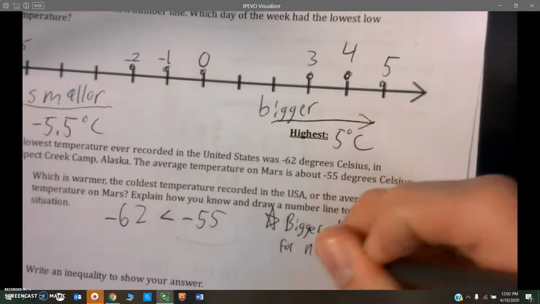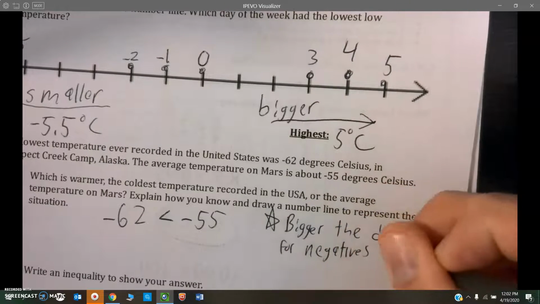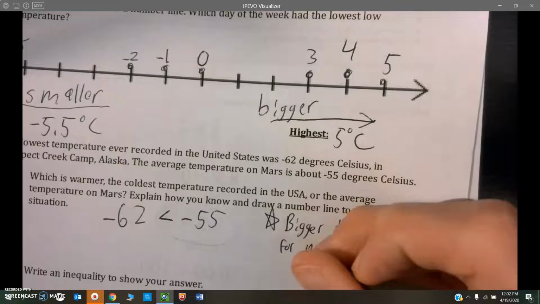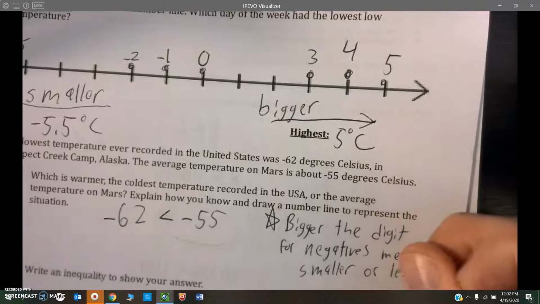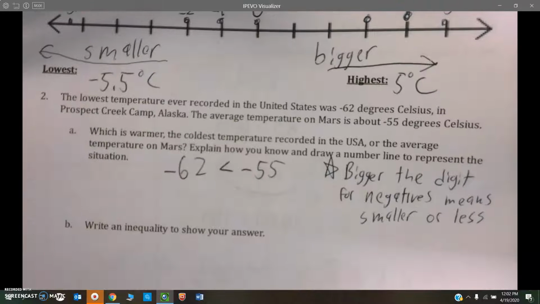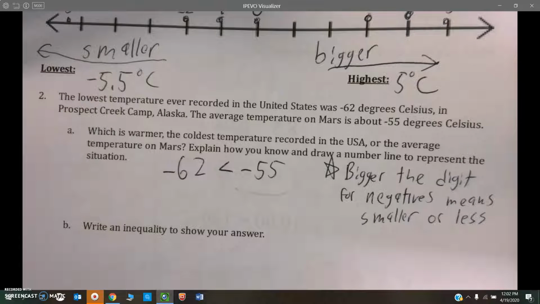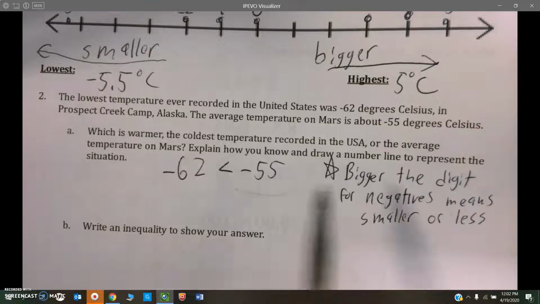For negatives, bigger digit means smaller or less. Okay, so that's important to note. And that can also be the explanation as to why it was colder in the USA that day.